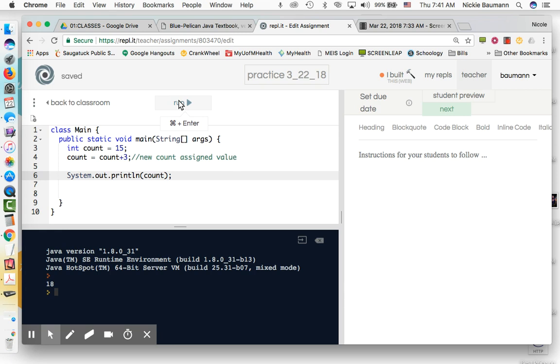Perfect. So this is just increasing the increment by 3 of what count is already.